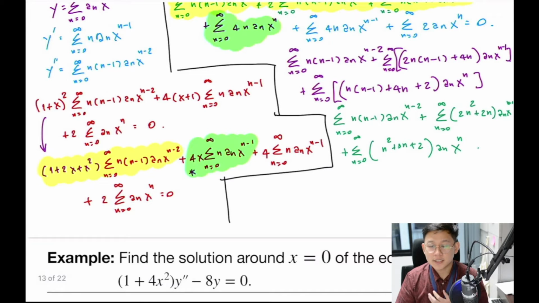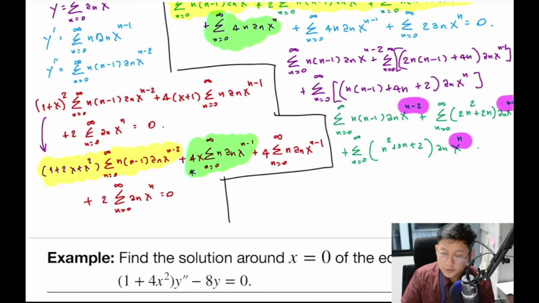So after this, again, guys, it's a pattern, you see. You just need to change the exponent here. See, it's x to the n minus 2, x to the n minus 1, x to the n, right?